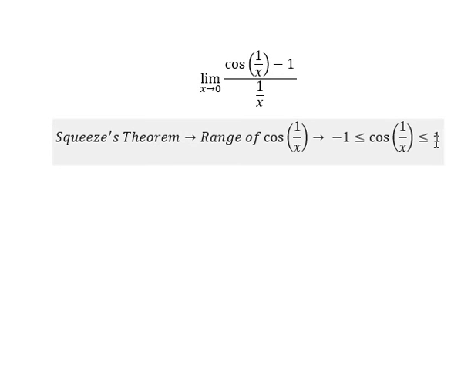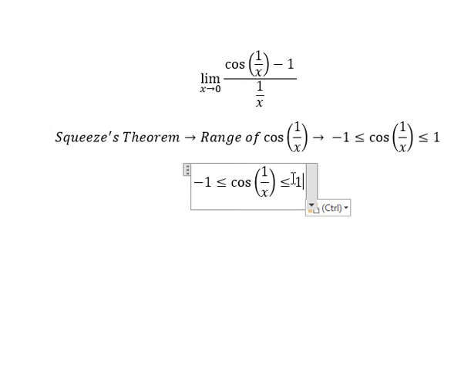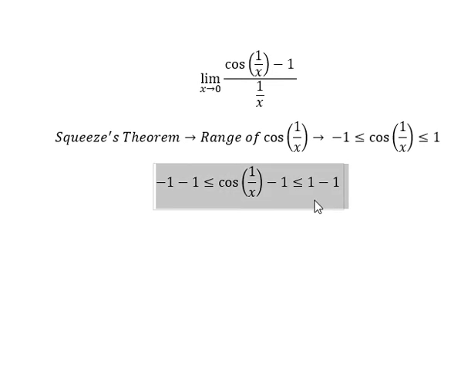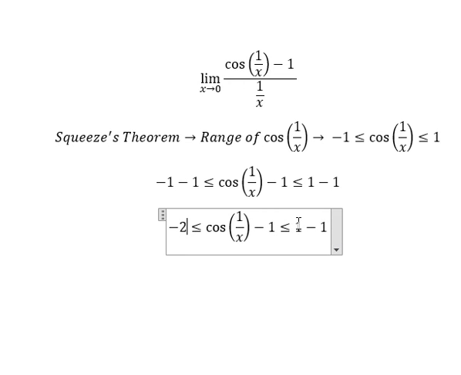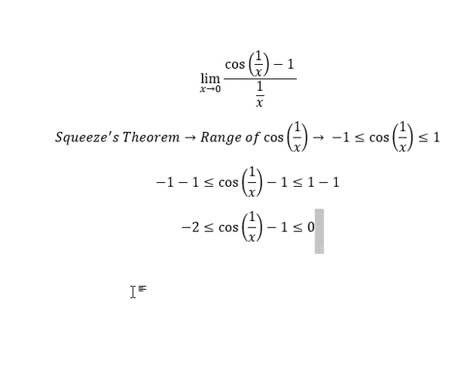Now, for this one, I will put negative number 1 for both sides. So, this one we have negative number 2. This one we have number 0. Later, we divide both sides by 1 over s.